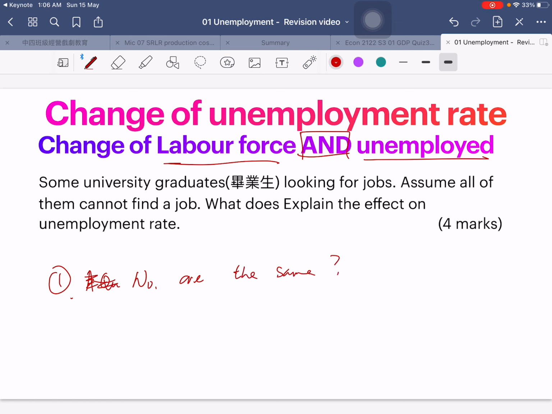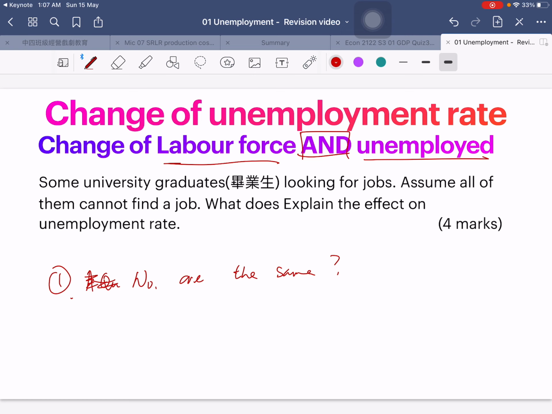That means if 10 people become unemployed, did the labor force increase by 10 at the same time, or more than 10?